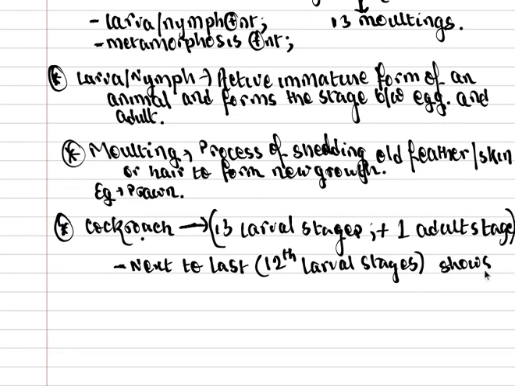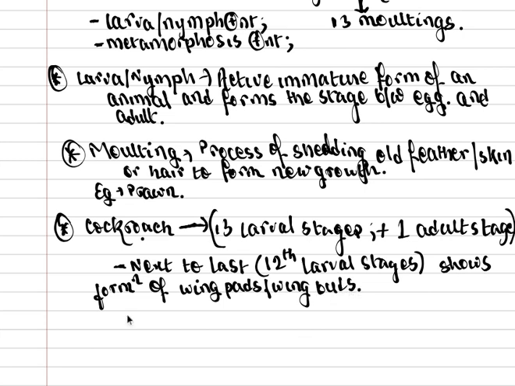Cockroach, we know, has two pairs of wings, the tegmina on the outer side and the wings on the inner side. The immature forms of those wings are called wing pads or wing buds, and they are first formed in the 12th larval stage. The larval stages before did not have the wing pads, and only the adult stage has wings. No larval stage has wings.